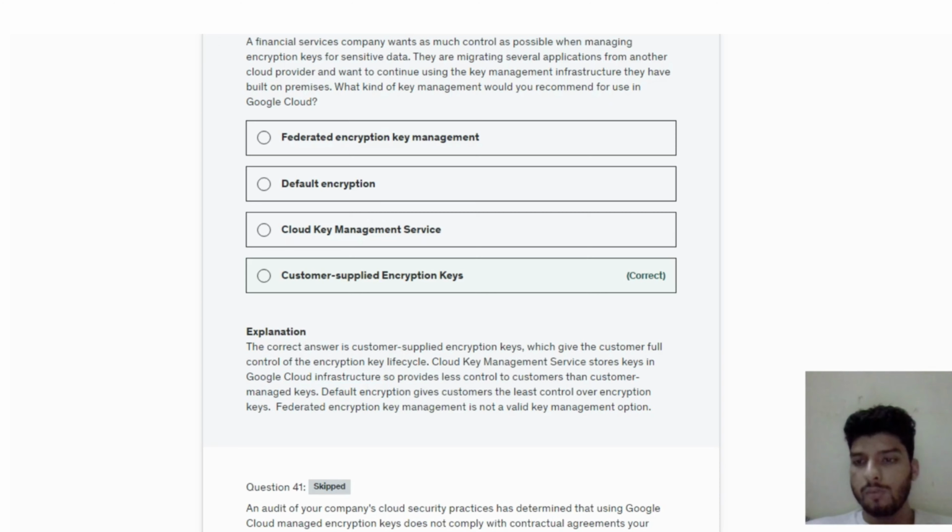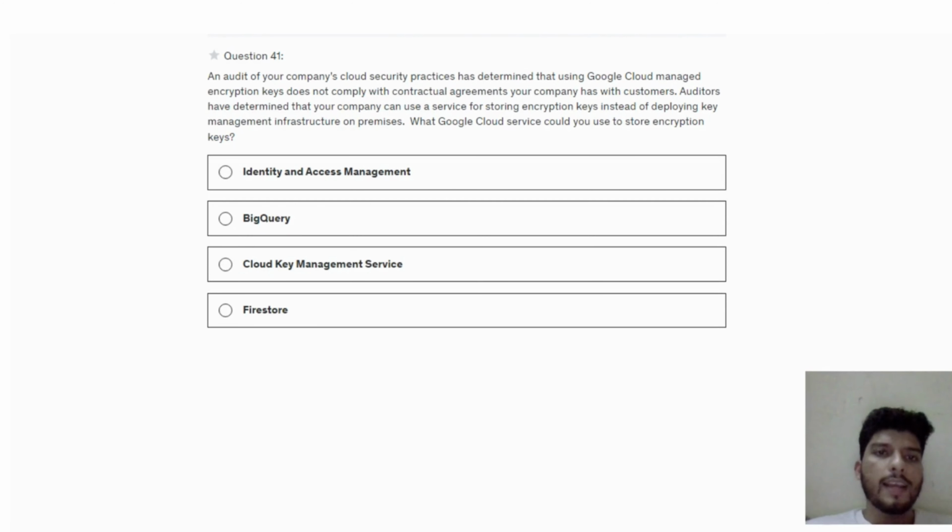I'm moving ahead to question number 41. So here's question number 41. An audit of your company's cloud security practice has determined that using the Google Cloud managed encryption key does not comply with the contractual agreements your company has with the customers. Auditors have determined that your company can use a service for storing the encryption key instead of deploying the key management infrastructure on premises.